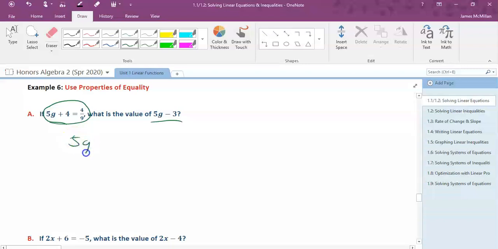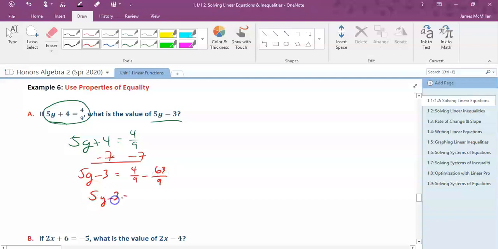So how can I get 5g plus 4 to become 5g minus 3? Well, the 5g is going to stay as it is. I don't need to move it. But this 4 needs to become a negative 3. And so what can I do to both sides to get 4 to negative 3? Subtract 7. And so we're going to get 5g minus 3 is equal to 4/9 minus, changing this to 9s, 63/9.